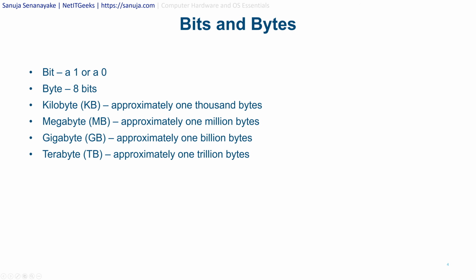Then we have terms such as kilobyte, megabyte, gigabyte, and terabyte, which most of us are familiar with. A kilobyte is approximately 1000 bytes, a megabyte is approximately 1 million bytes, a gigabyte is approximately 1 billion bytes, and a terabyte is approximately 1 trillion bytes. In terms of storage of a computer, we typically define it by megabytes, gigabytes, and terabytes, and small files may be described in kilobytes.